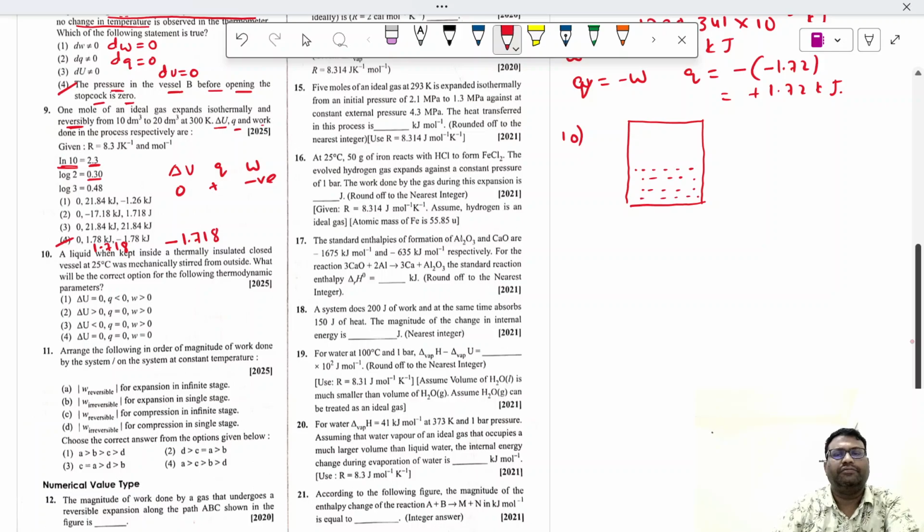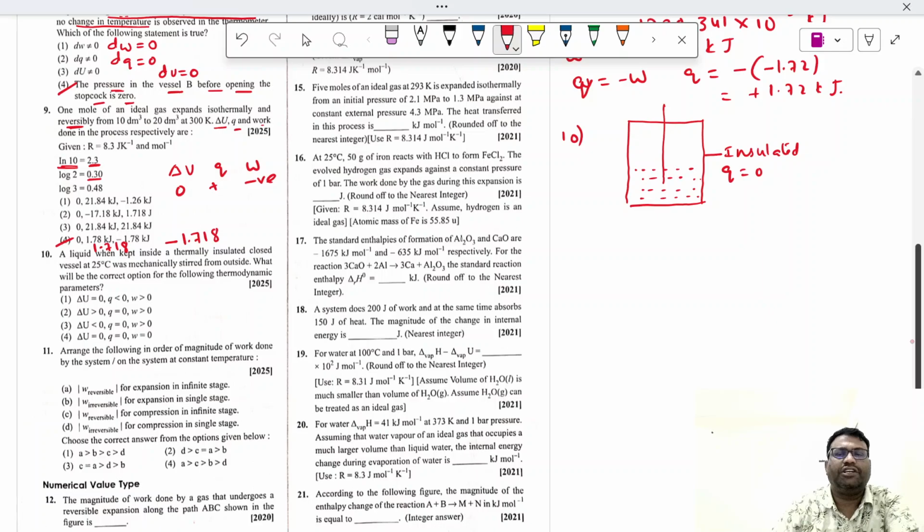It is insulated, that means Q is equal to 0. Many times we have spoken about that. The liquid is mechanically stirred from outside, like through a spoon. What will be the correct option for the following thermodynamic parameters?